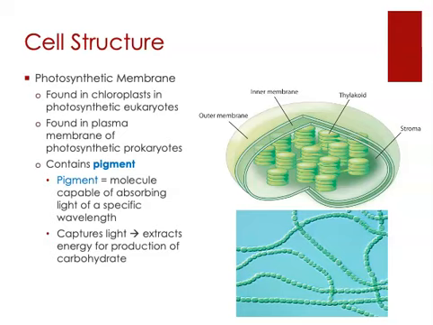So what makes a membrane a photosynthetic membrane? The answer is pigment. Now, if you're not familiar with what this word means, the word pigment just is a molecule that is capable of absorbing light of a particular wavelength.